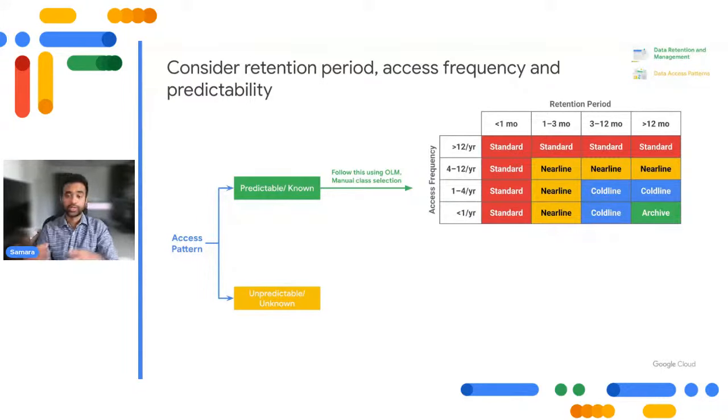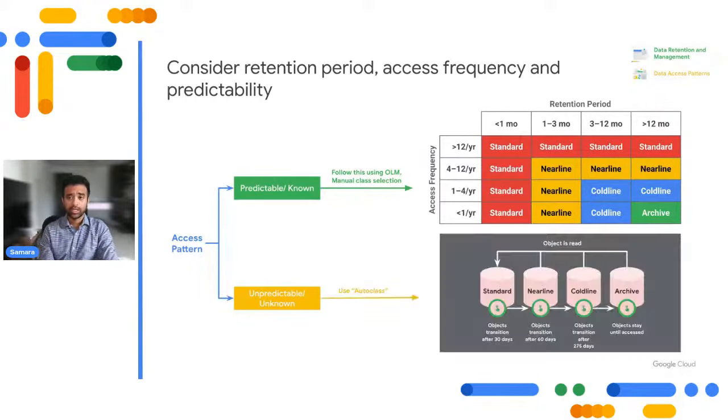And two, you can set time periods based on your requirements, and you can set storage classes based on your requirements. On the other hand, if you do not clearly know the data access patterns, or if your data access patterns are dynamic and they change very frequently, then we would recommend to choose Autoclass.